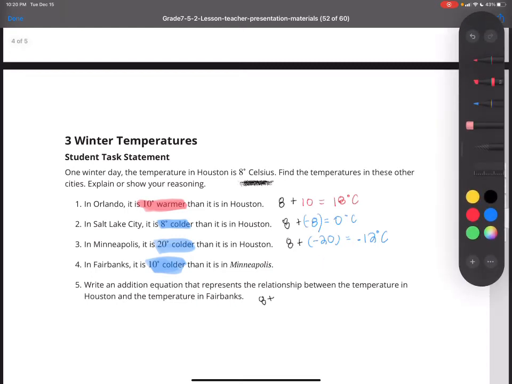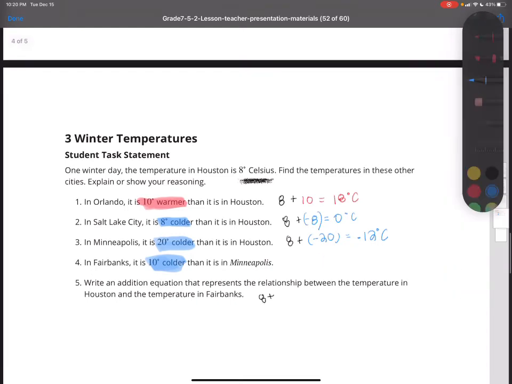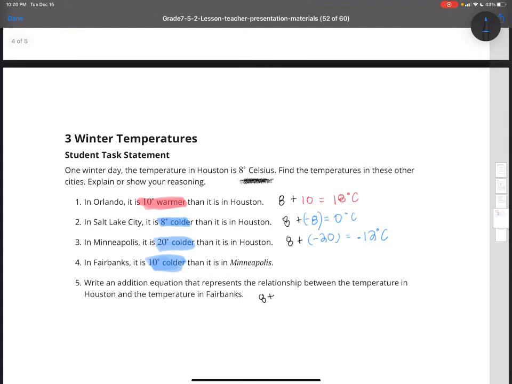All right, so Minneapolis is negative 12 degrees Celsius, and it's 10 degrees colder, which means that I'm adding a negative 10. Okay? I'm adding negative 10, which means the signs are the same, which means we will add like regular, so it will be negative 22 degrees Celsius.